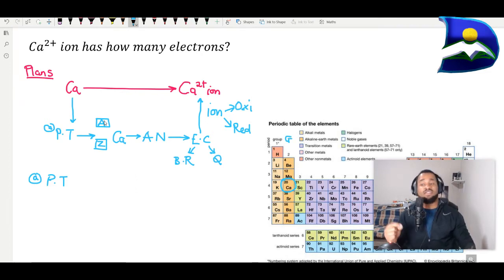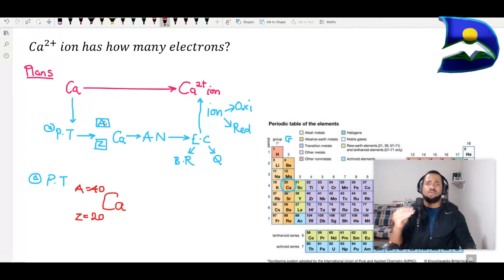If you look at other periodic tables, you have a representation with calcium's top number, A, equal to 40. A means the atomic mass unit of calcium, and Z is represented as 20. If you look closely at other elements, the smallest number usually and always is the atomic number. So Z is indeed the atomic number.